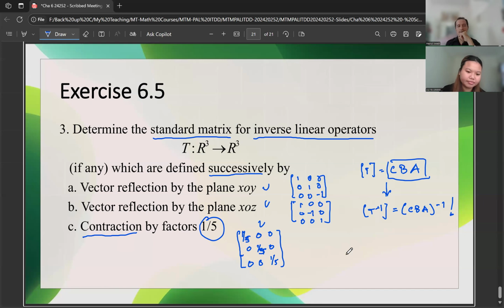Oke. So T will be the multiplication of three matrices.